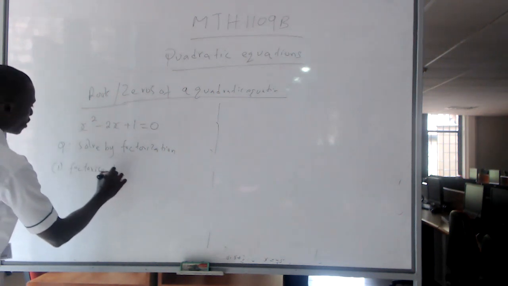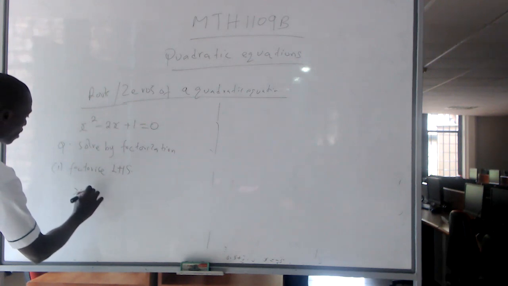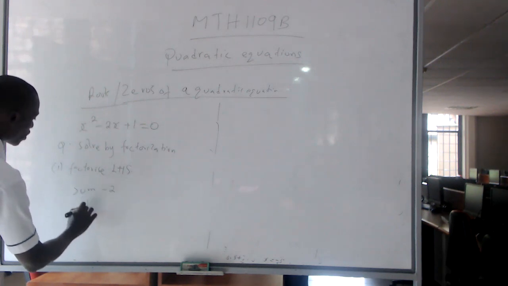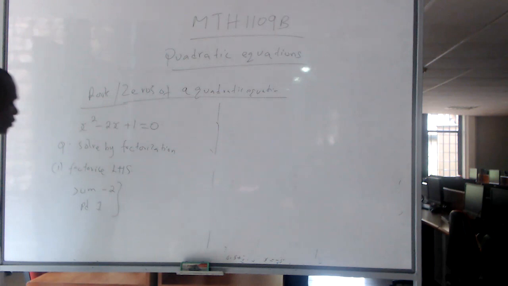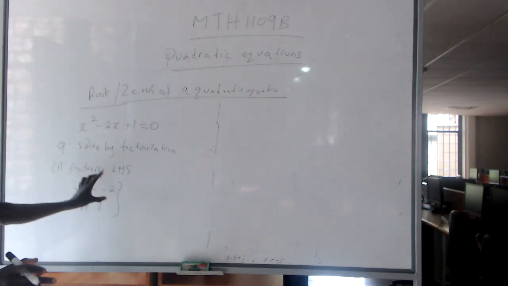So step number 1, factorize the left-hand side. The left-hand side, I need to look for two terms whose sum is -2 and product is 1. So the trick here is to normally find how to factorize the product and only pick the factors whose sum is -2.